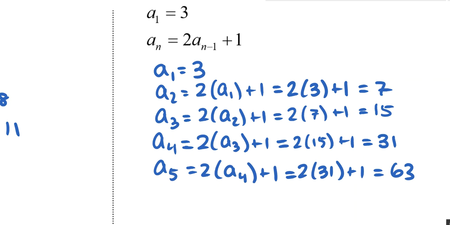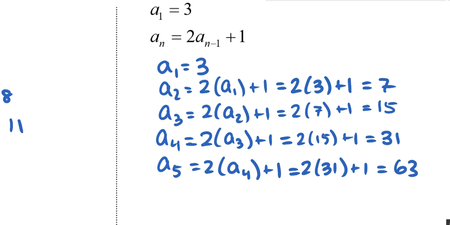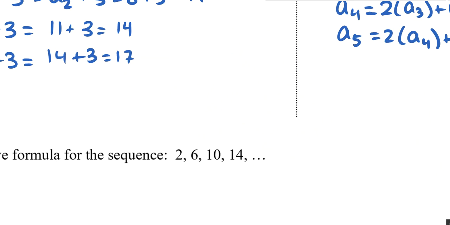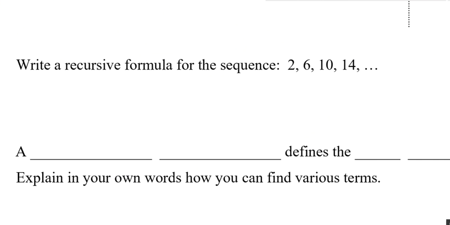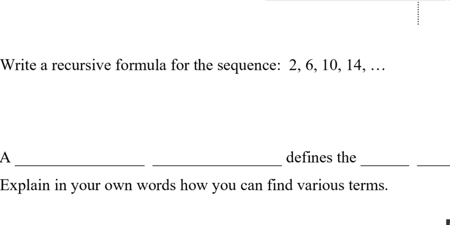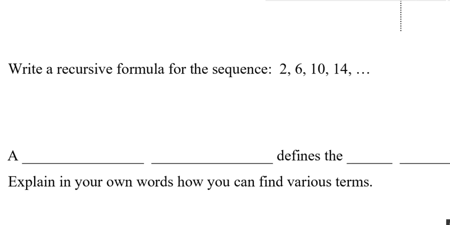Let's see if we can go the other way. If we're given the sequence, can we actually write the recursive formula? So very much like the introduction, we're going to take a look at term by term. How did we go from one term to the next? What was the pattern here?